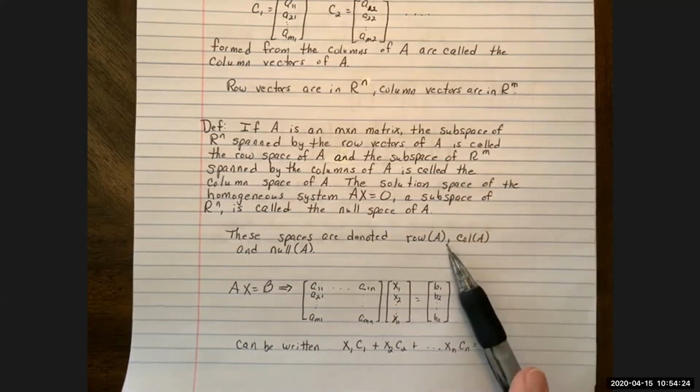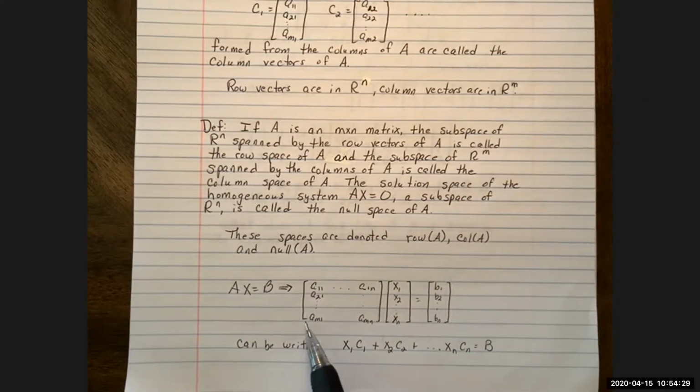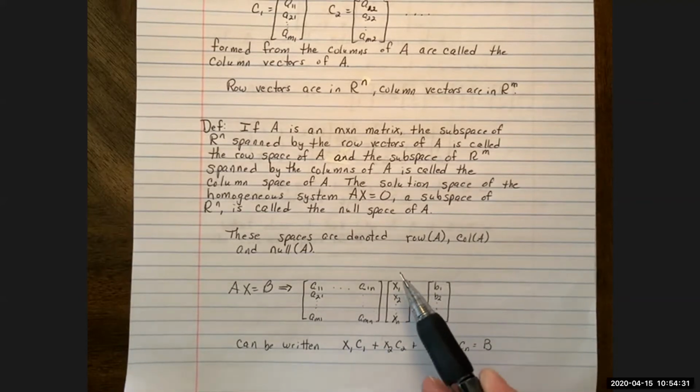Given these definitions, a system AX equals B can be written as, here's our matrix A, our variables x1 to xn as a column, and then our constant matrix B1 to Bn.